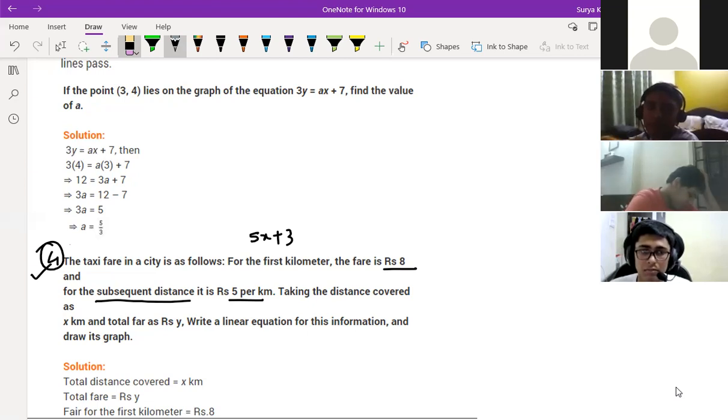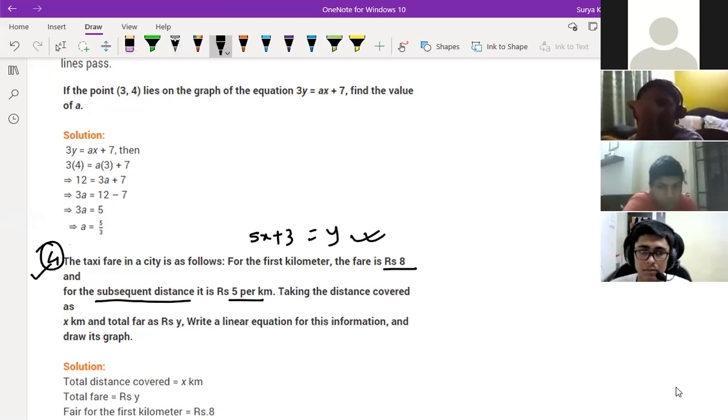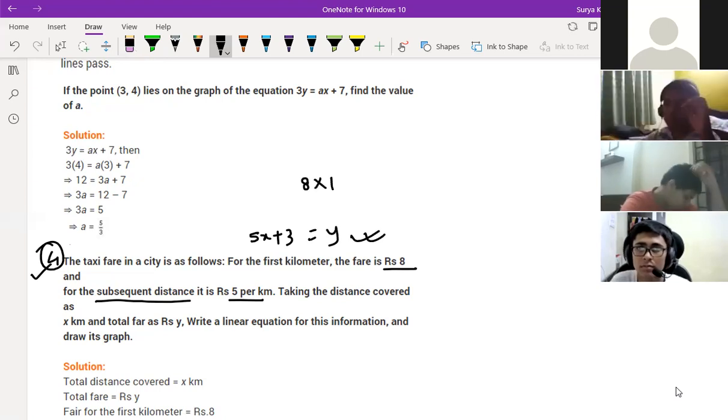Okay, extra 8 rupees is equal to y, you are saying, right? Yes, this is also kind of correct. But I told it in a different way. Suppose in the first kilometer you are going with rupees 8, right? And how much is left for the next kilometers? I got x is equal to 13y.